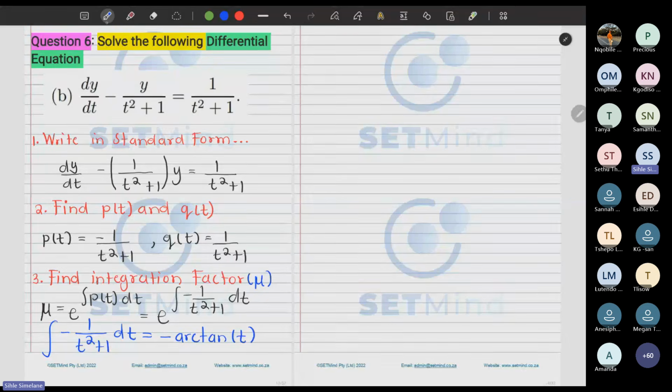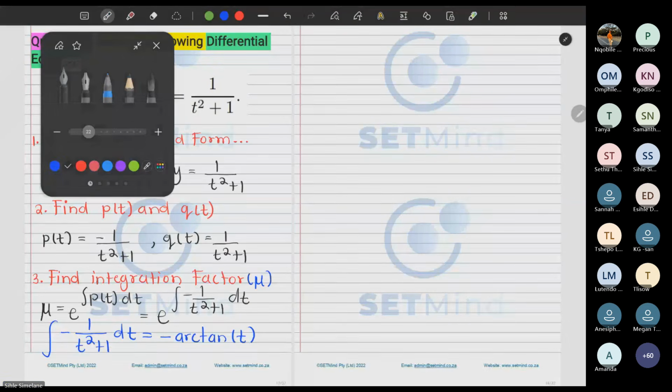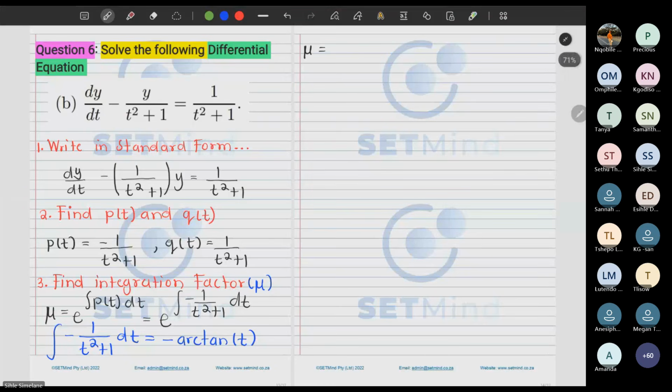So now, if we go back to our mu, what we essentially have is e to the negative arctan of t. Okay, and then let's now go and determine our y.